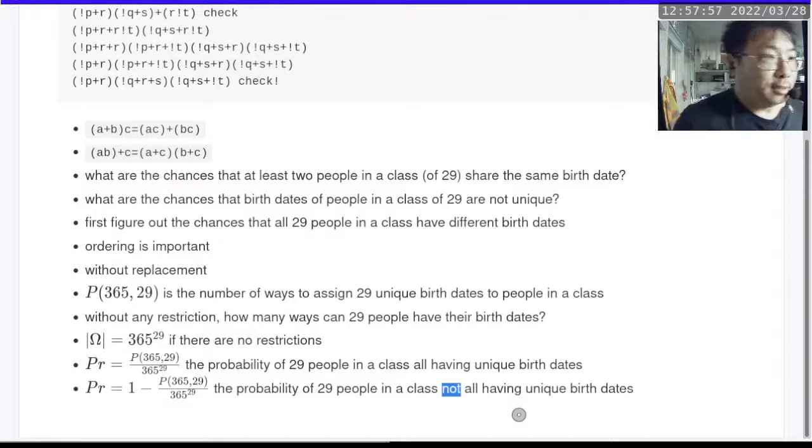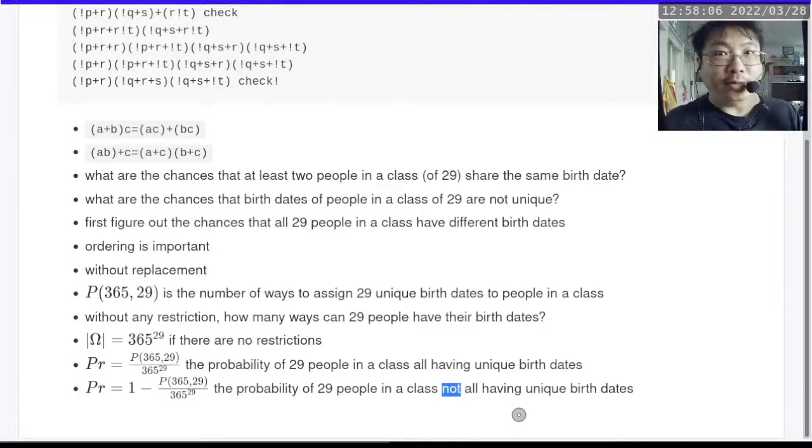So there we go. At 100 people, which is less than 1/3 of all the days in a year, right? Because we have 365 days in a year, and 100 is less than 1/3 of that amount.